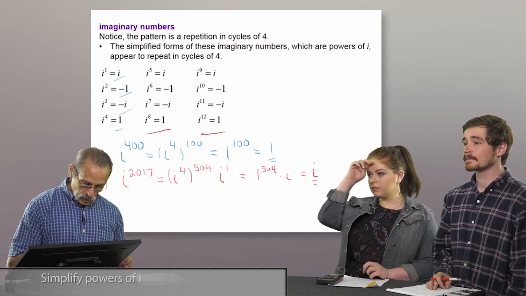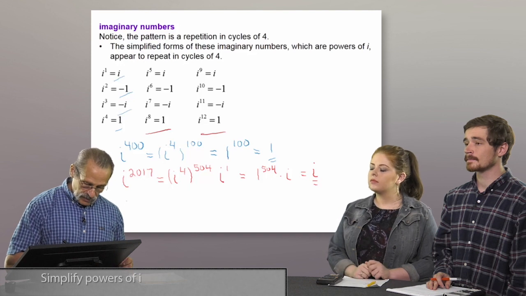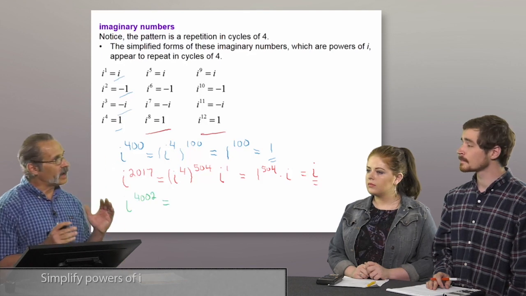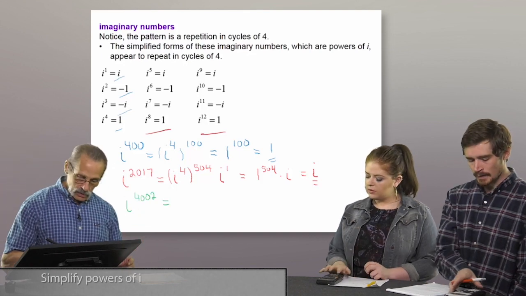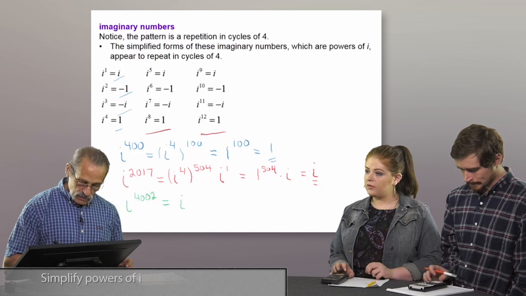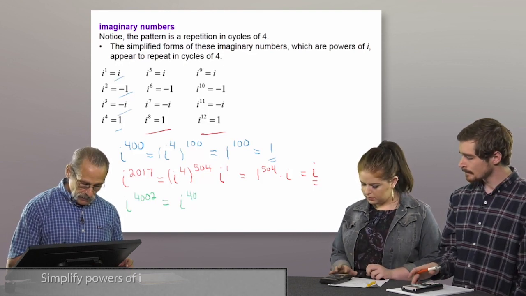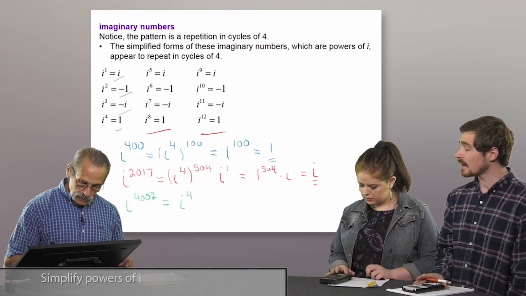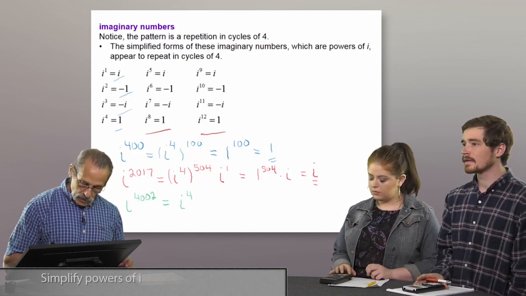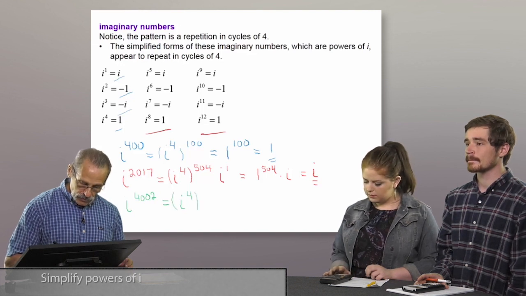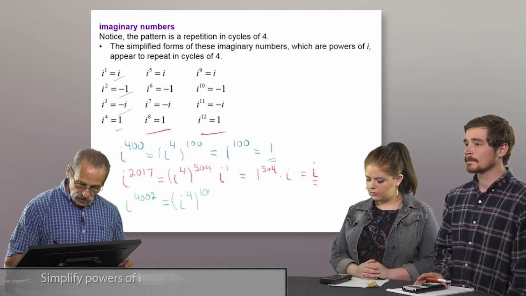Let's do just one more. I'm going to give you the problem where we have i to the 4002 and we want to simplify it. We're going to divide 4002 by 4. Tell me what you get. 1000.5. Let me write that i to the 4th raised to the 1000.